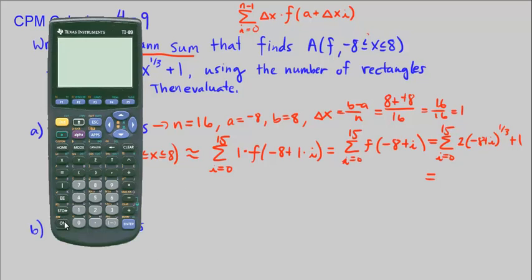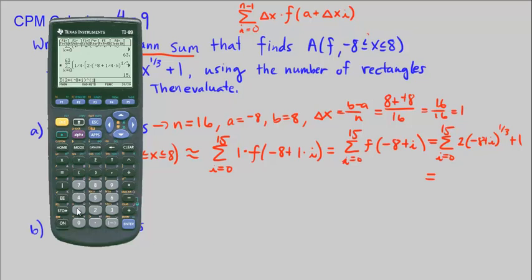Bring out your calculator. You can go to catalog and get the sum, or you can push F3 and go down to option number 4, sum. The expression is 2 times (-8 plus i). You can use x instead of i, but I'll use i, so I use alpha, and i is right above 9. So (-8 plus i) to the power of 1/3.